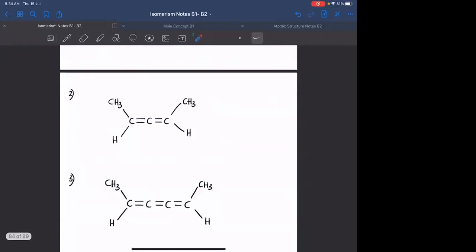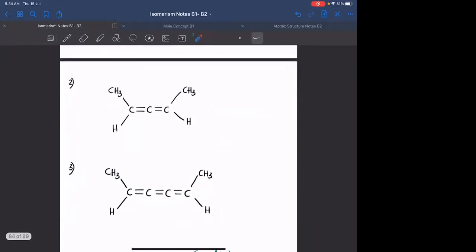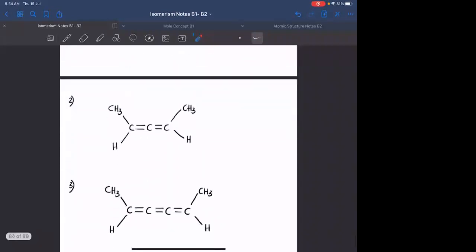Okay, let us go to the next example. This is a cumulated diene. You have two double bonds on the same carbon. Tell me if this molecule can have geometrical isomerism and optical isomerism.